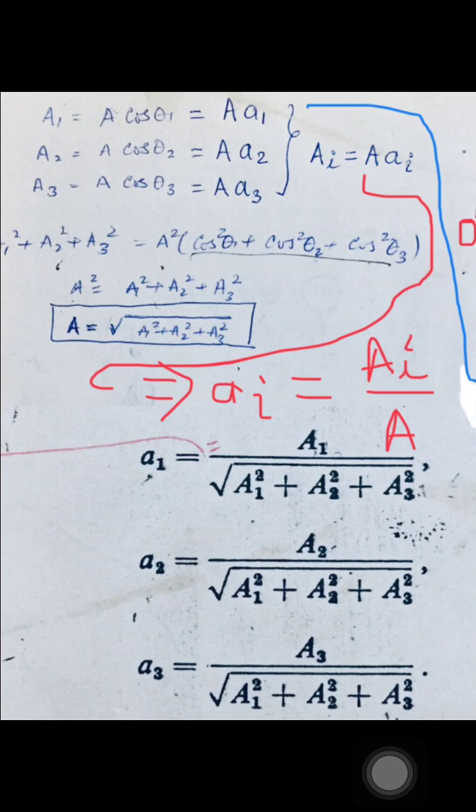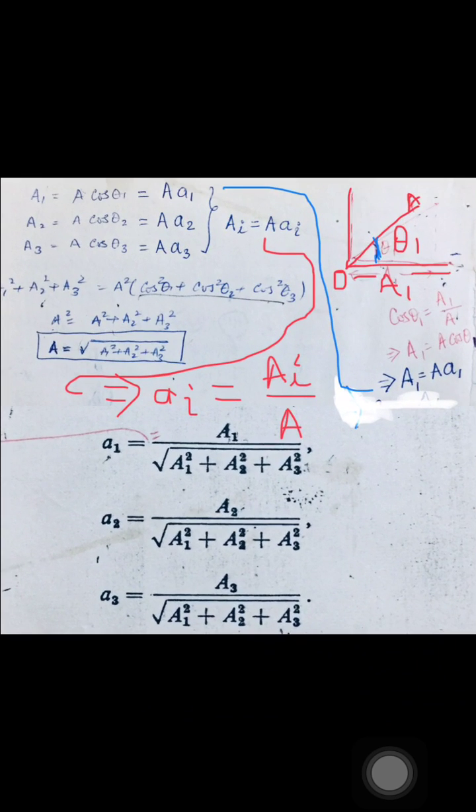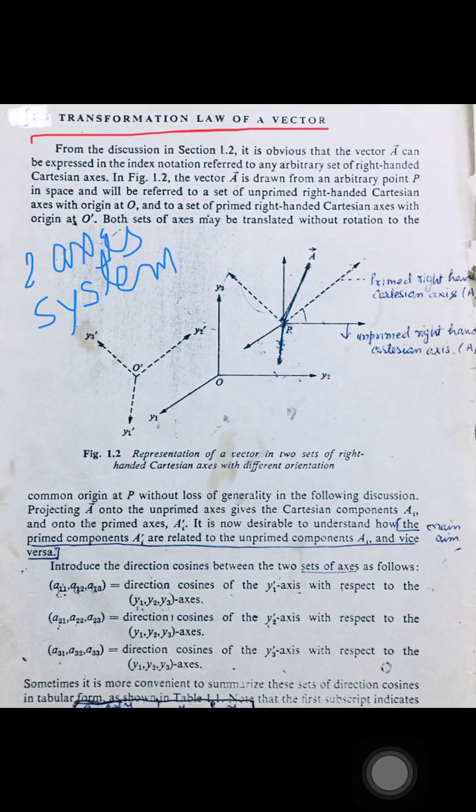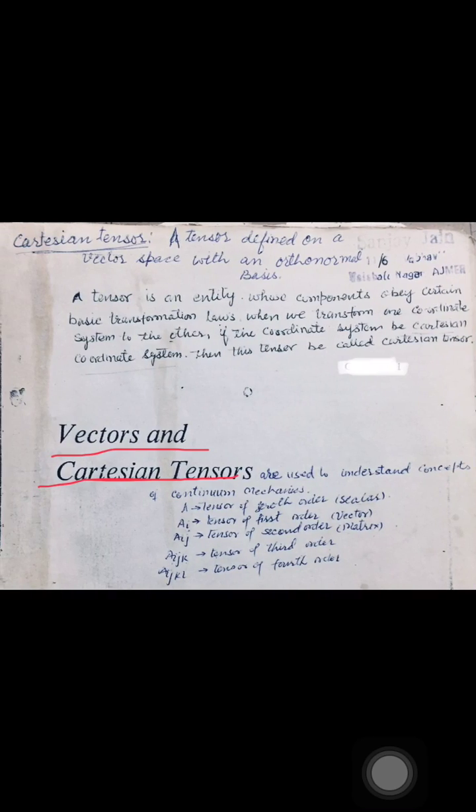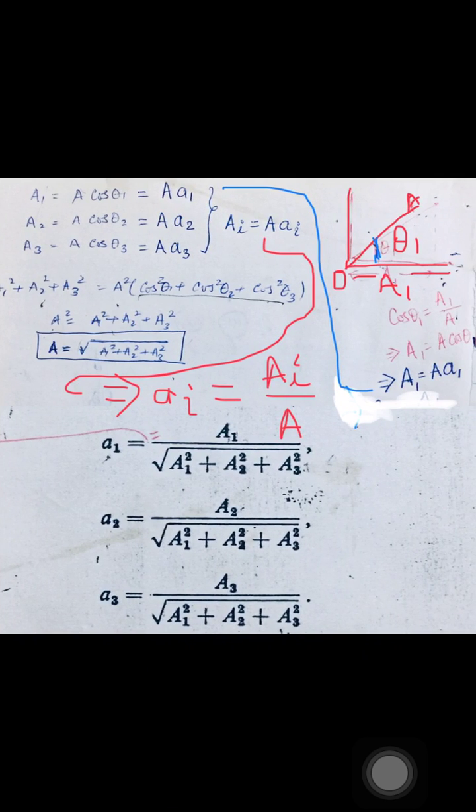So these are the formulas for the vector, its components and the direction cosines, which are very useful when we use them in the basis. So this is a simple idea of vectors and Cartesian tensor notations. Today we are doing up to there only.